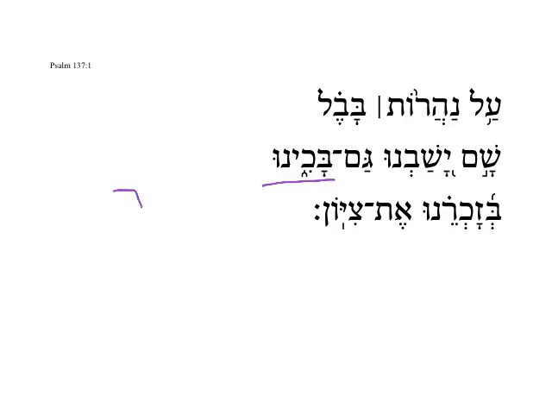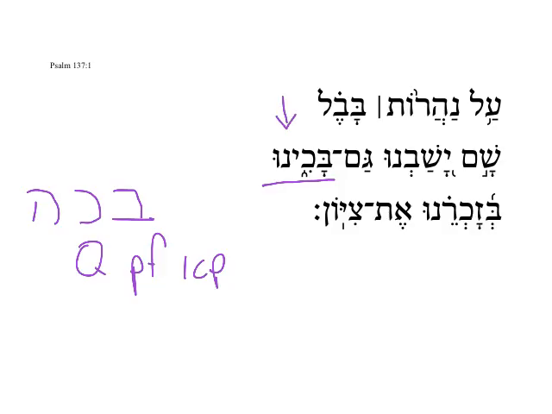Bakhinu comes from Beit, Kaf, He, bakha, to weep. And here we have a case of a kal, perfect, 1cp. And again, because the suffix begins with a consonant, then the yod reappears and holds the suffix away from the root letters.